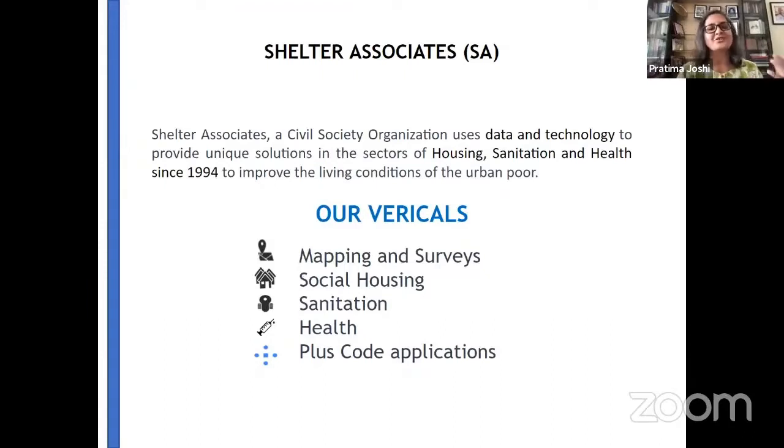So having said that, I just thought I'll let the viewers know that Shelter Associates has been looking at certain verticals in the development sector, in which social housing and access to very basic services like water, sanitation, and housing is something that we have really focused on.